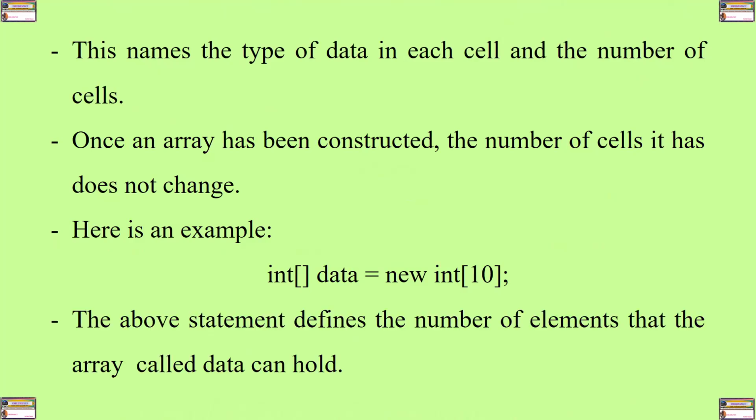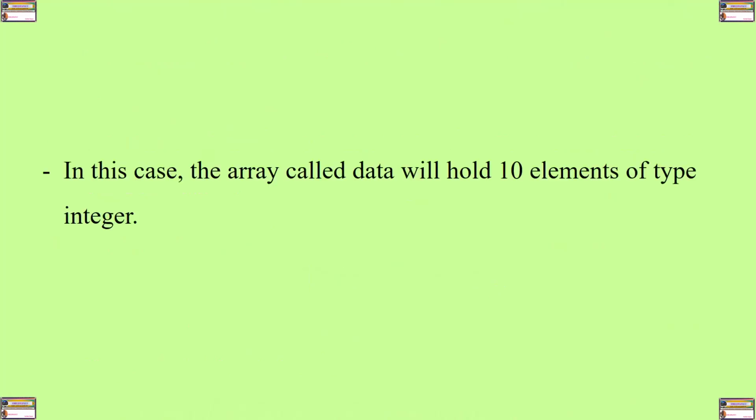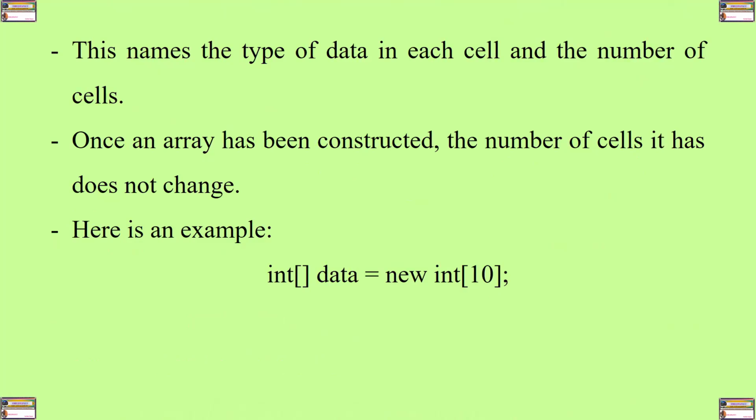The above statement defines the number of elements that the array called data can hold. As you can see, you can tell how many elements. In this case, this array called data will hold 10 elements of type integer.